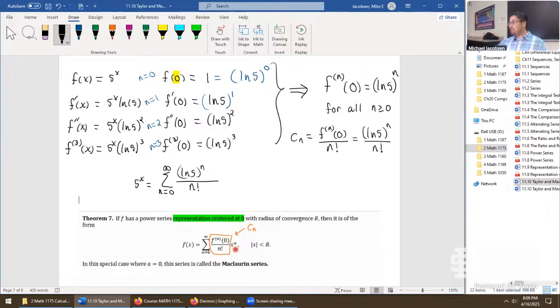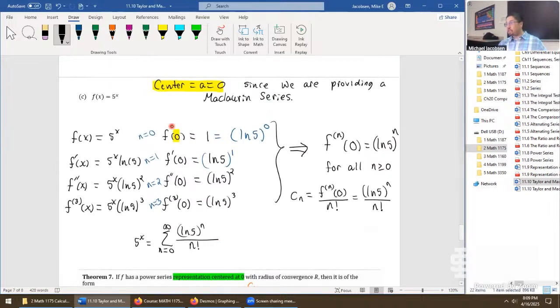It's always x minus the center, but if the center were 0, you get to put in just x power n for short.